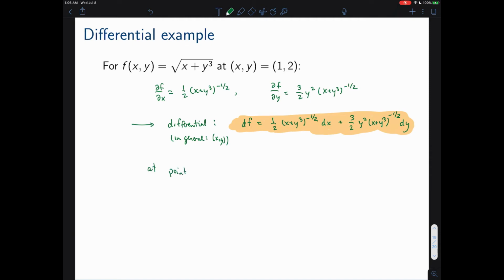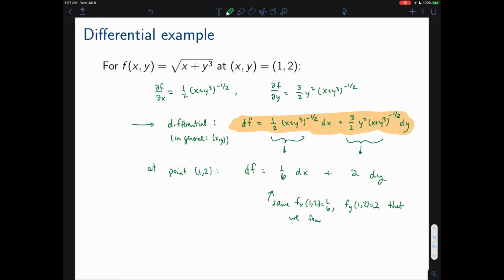If we go to the point 1, 2, then df would be 1/6 dx plus 2 dy. These are the same. Fx of 1, 2 equals 1/6, and Fy of 1, 2 equals 2. The same ones that we found before.